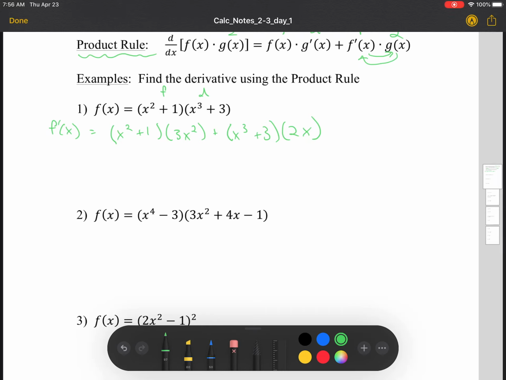Notice we have the first one multiplied by the derivative of the second one, and then the second one multiplied by the derivative of the first one. Then from here, it's just simplifying it all out. Something we should all be good at by now.